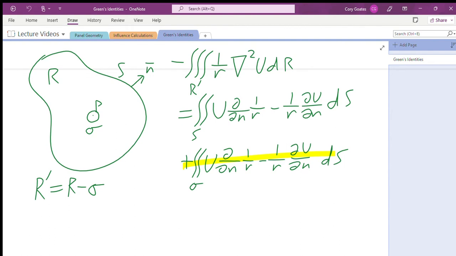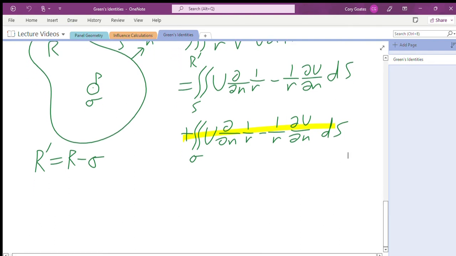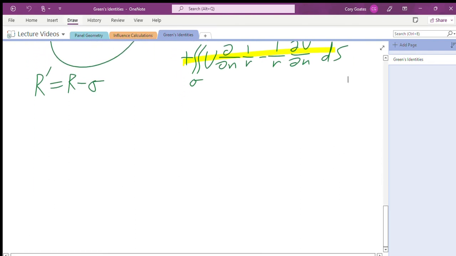Let's go ahead. In order to do that, we're going to rewrite this last term, instead of in terms of a surface integral, in terms of an angular integral, in particular in terms of solid angle.